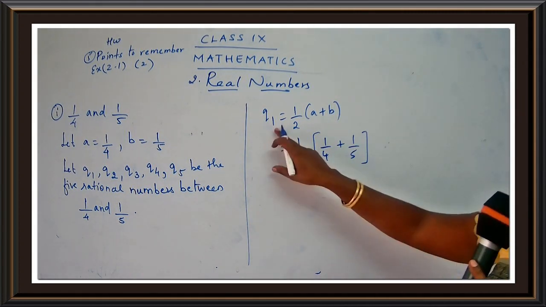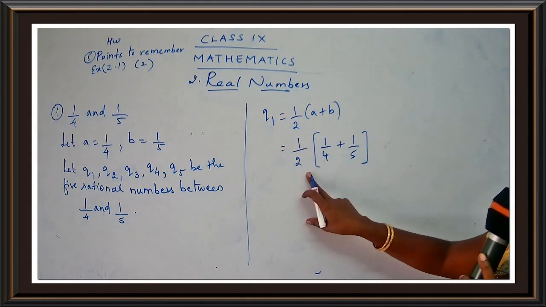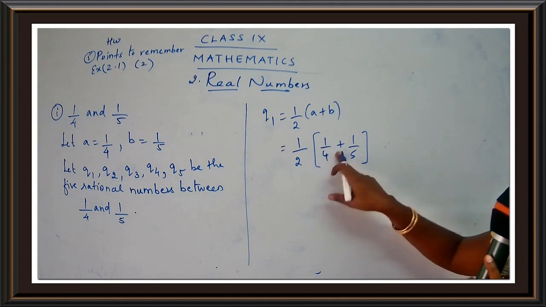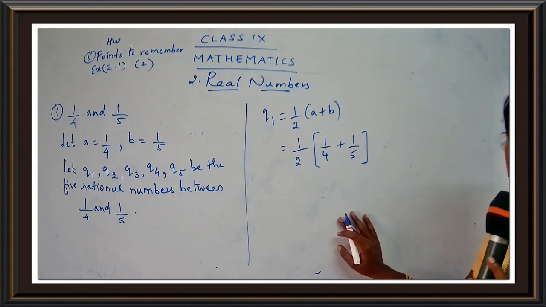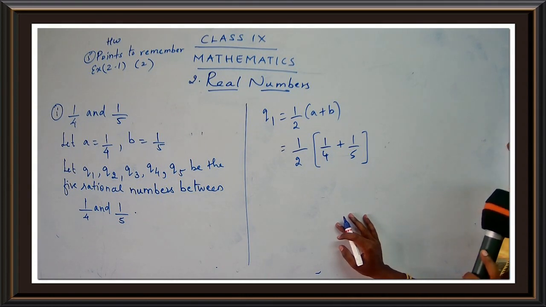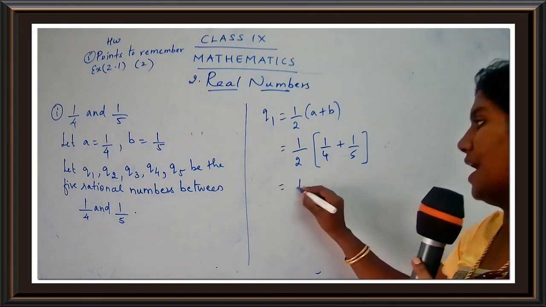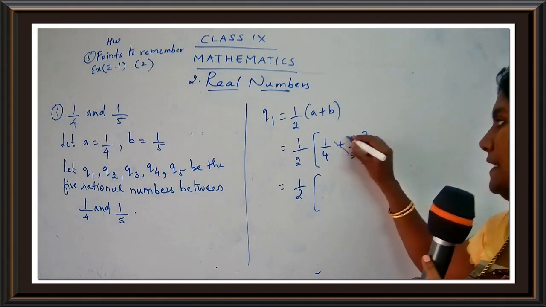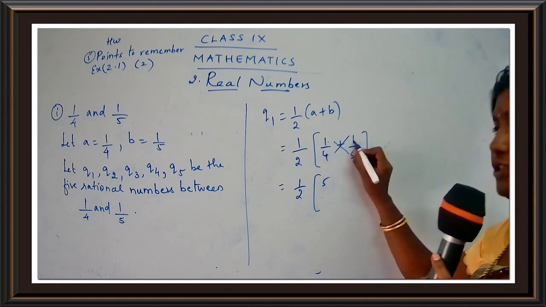So Q1 is half of A plus B. This is equal to 1 upon 2 times (1 upon 4 plus 1 upon 5). I'll simplify the bracket first. I have told you that we have to use the BODMAS rule, which means we solve the numbers in the bracket first. So this is equal to half of... I'll cross multiply, children. 1 into 5 is 5, 1 into 4 is 4.